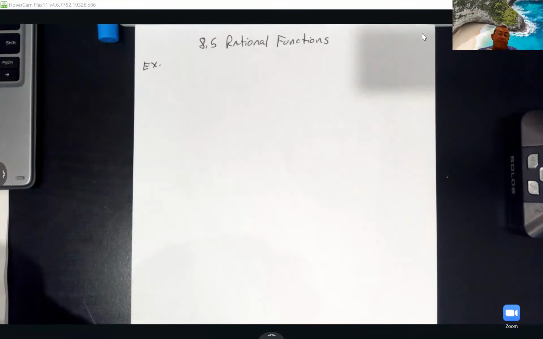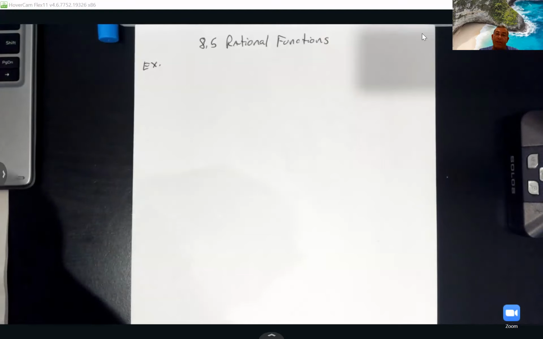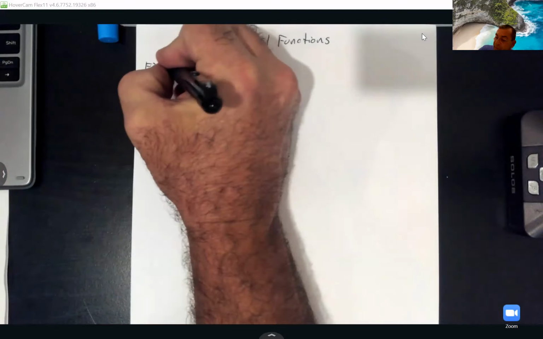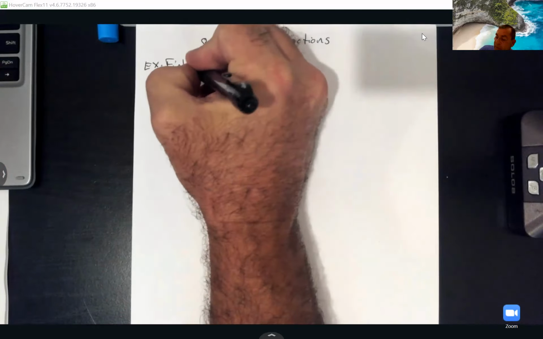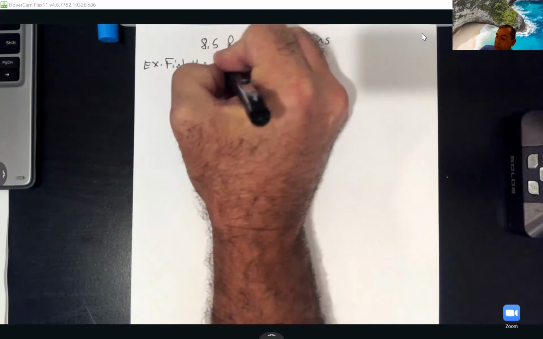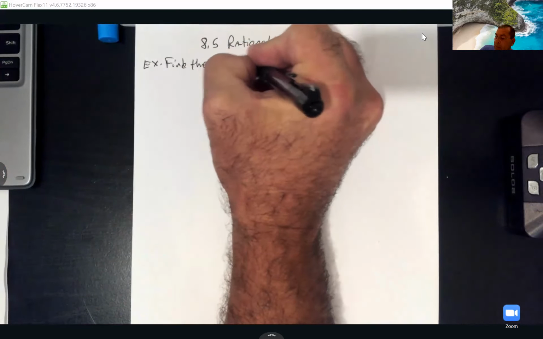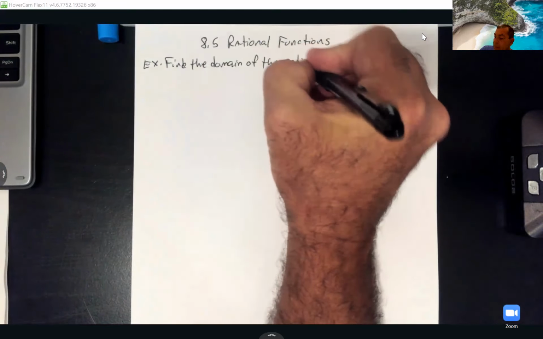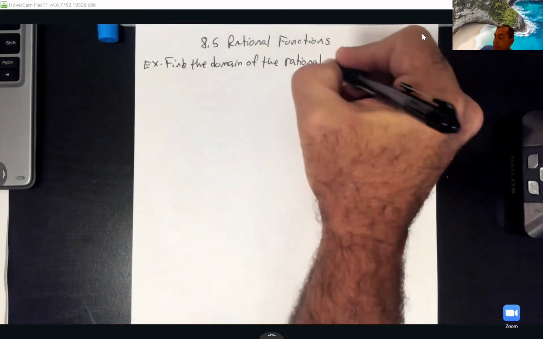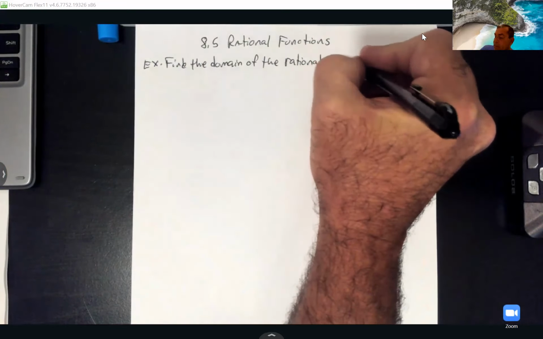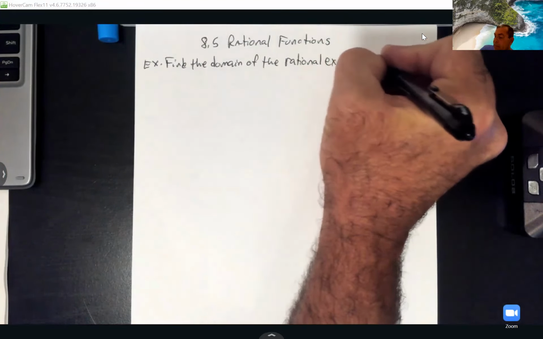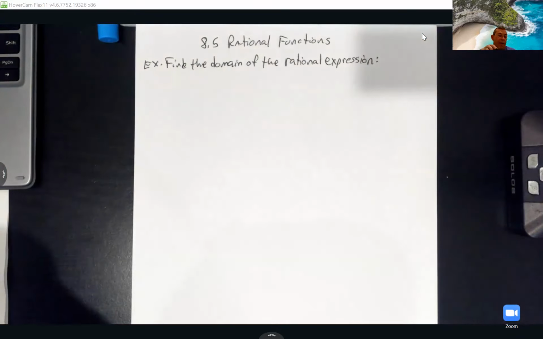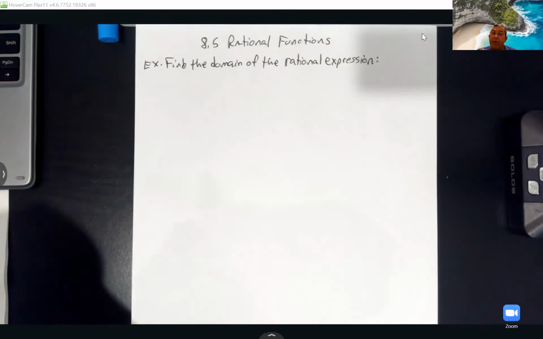They want us to find the domain of the rational expression. And we're only writing the answer in set builder notation for this question, okay?